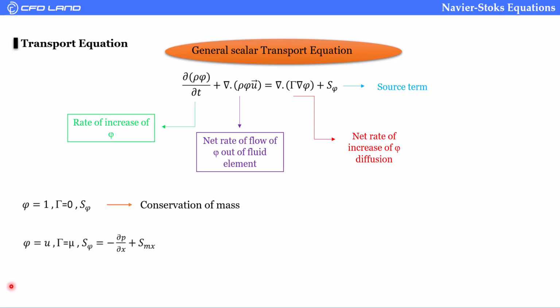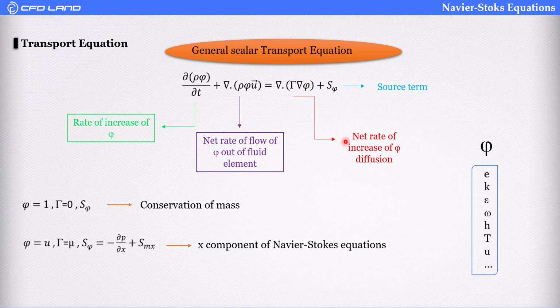And if phi equals u and gamma is mu, then we have the x component of the Navier-Stokes equation. This equation is called the general scalar transport equation, and it can be used for different properties. Phi could be temperature, enthalpy, internal energy, velocity, or k and epsilon, properties of turbulence models.